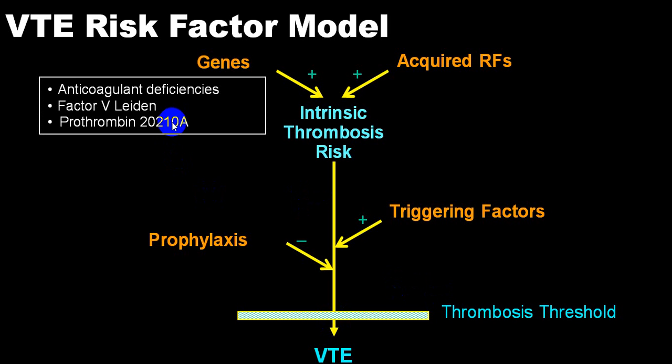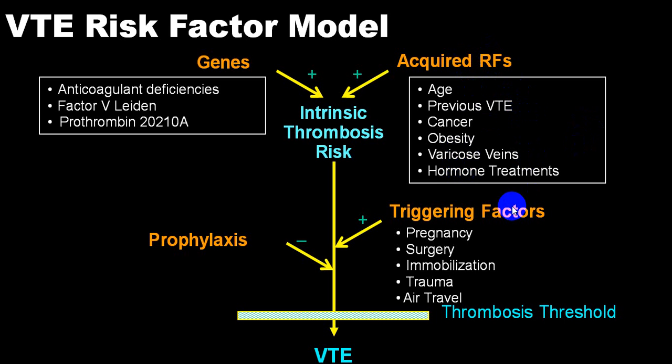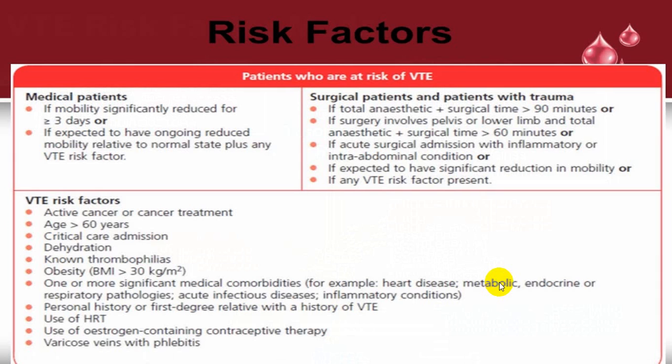So you can say some of the genetic causes are factor V Leiden, anticoagulant deficiency, prothrombin mutation. Among acquired risk factors: age, previous venous thromboembolism, cancer, obesity, varicose vein, oral contraceptive pills. Triggering factors can be pregnancy, surgery, immobilization, trauma, air travel, etc. This is a big list.